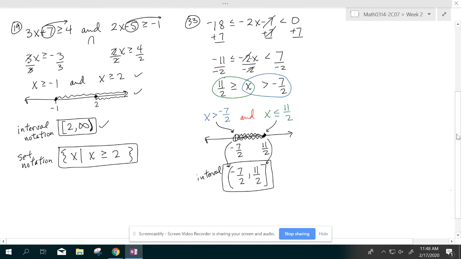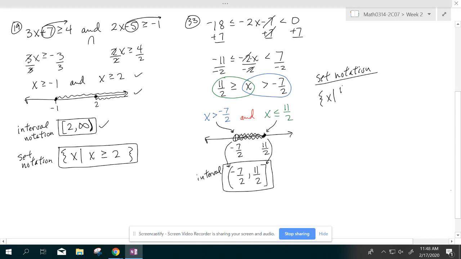Okay, and I'm thinking that it might be fun to do the set notation again. Just for fun, let's do the set notation. What does set notation always start with? A brace. And then an x. And then the line. And then the rest of it is what x does.